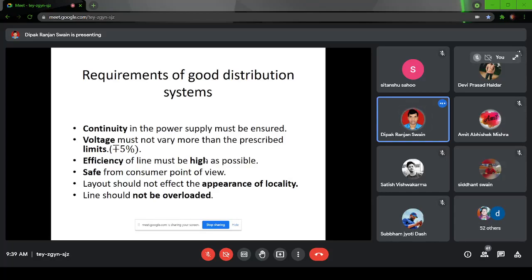Let us say 10 years back, your total demand at your house may have been 1 kilowatt or 2 kilowatt, maximum 2 kilowatt. I am talking from my point of view also.